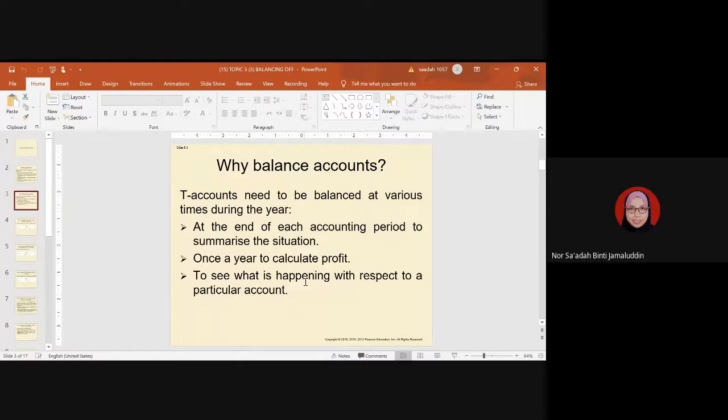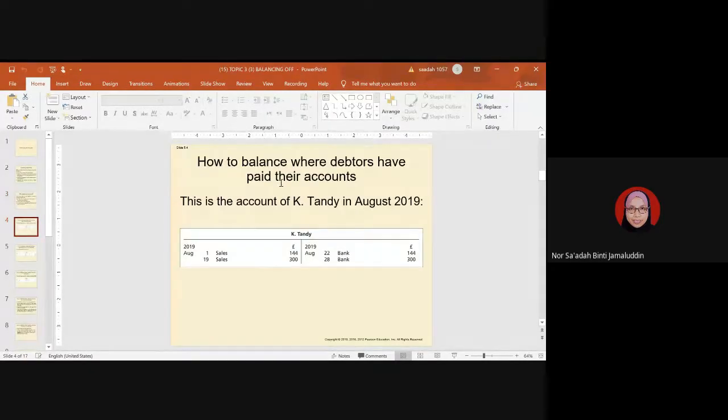To see what is happening with a particular account, this is the T account. This is an example of a T account showing how to balance where debtors have paid their account. This is the account of K10D in August 2019. Let's go to the next slide.